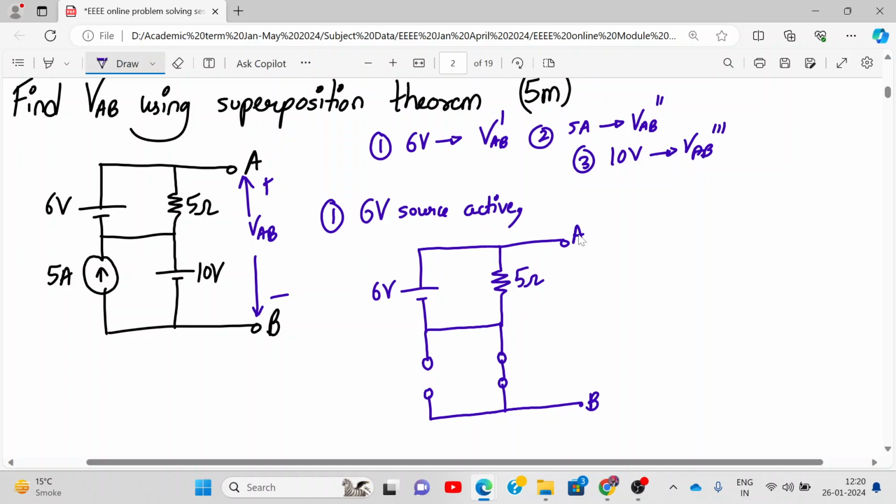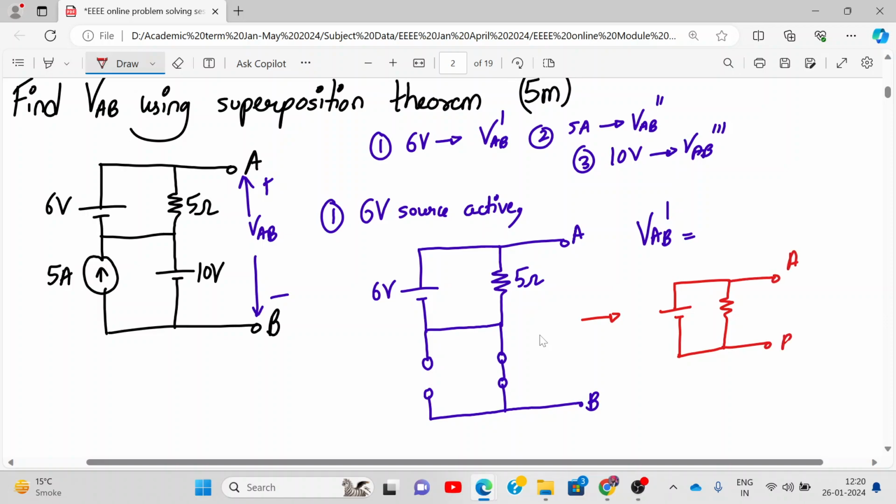Now tell me what is the voltage between A and B. So what is VAB dash? So this circuit we can draw it like this, right? This is open circuit and this is actually VB only.